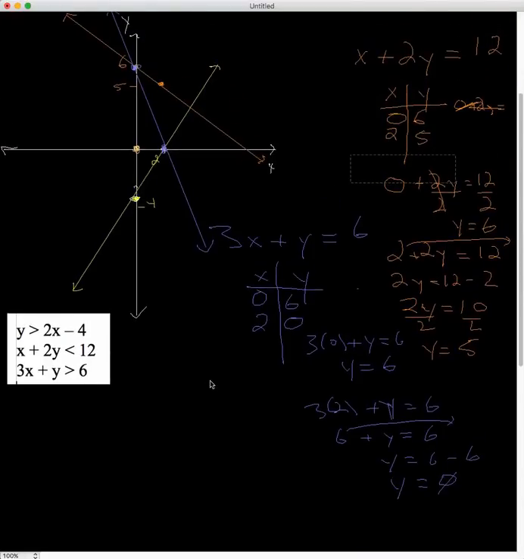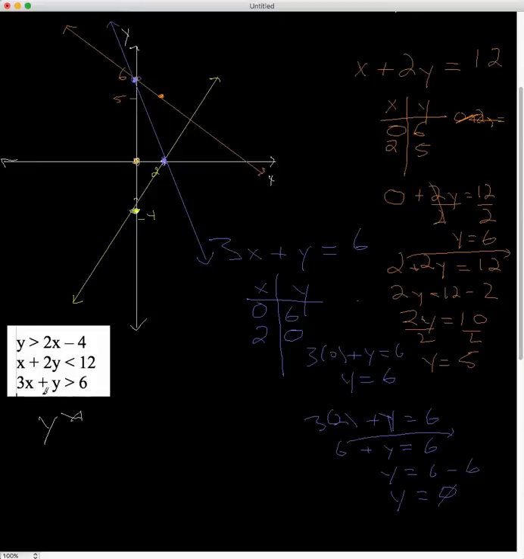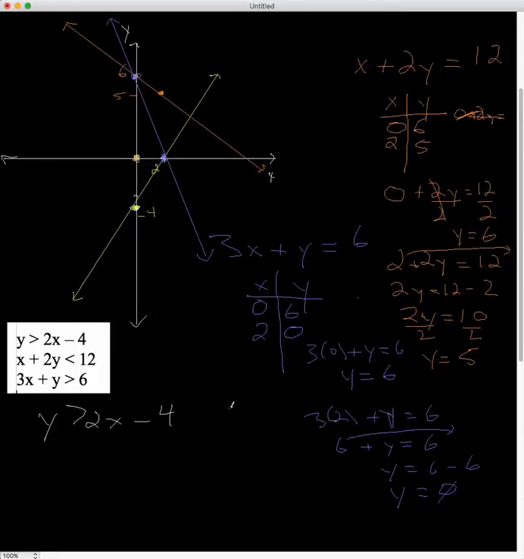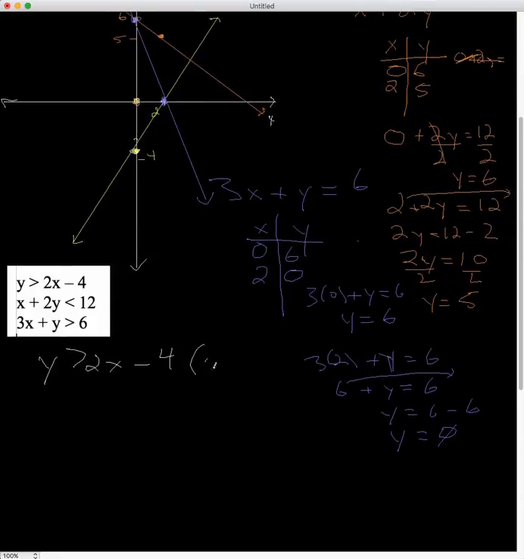So let's do the first one. If I have, let's try y greater than 2x minus 4, and I'm going to try the point 0, 0. Okay, so 0 is greater than 2 times 0 minus 4.